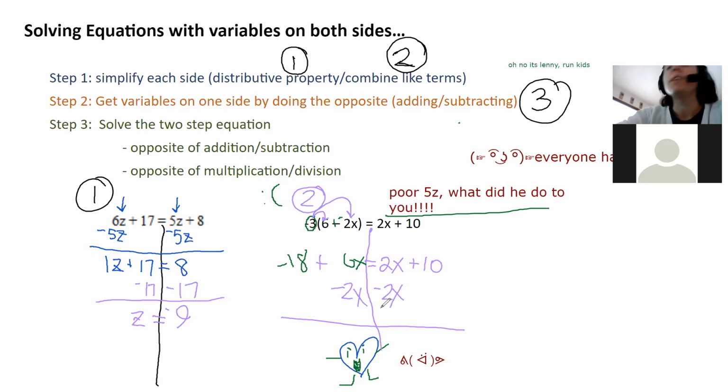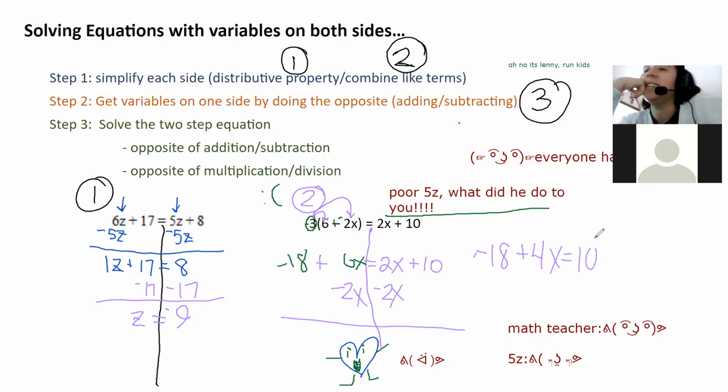Good stuff. So we'd be left with -18 plus 4x equals 10. Okay, so now it's regular two-step equation solving. What do I do here? What would I get rid of now with that -18 or the 4?